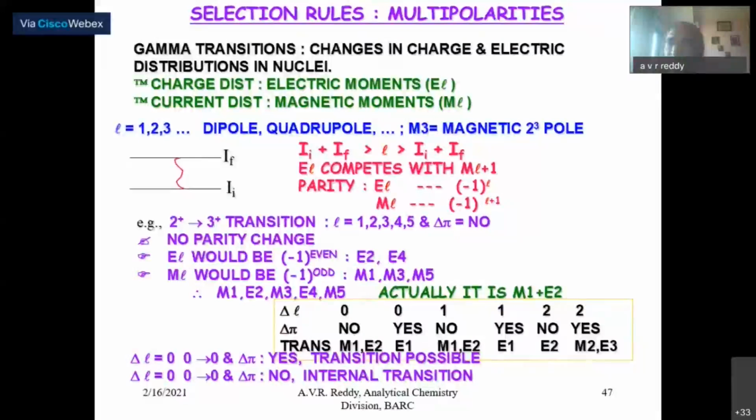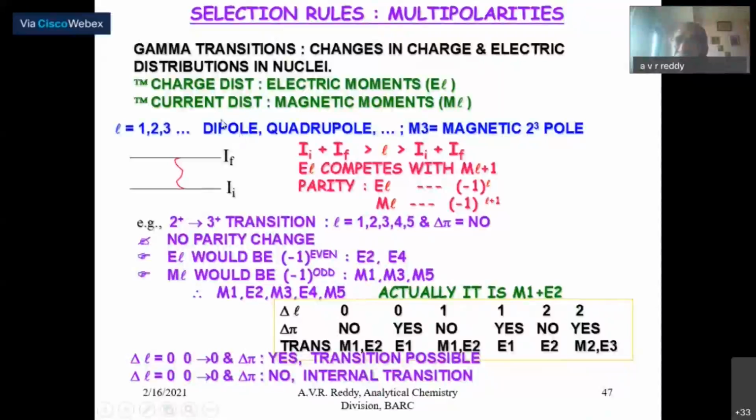If you know the initial and final states' spin values, we will be in a position to see the expected multipolarity of the gamma ray. L equal to 1 is a dipole, L equal to 2 is quadrupole, L equal to 3 is octupole, that is for electric, and these values are also associated with a possible change in parity.